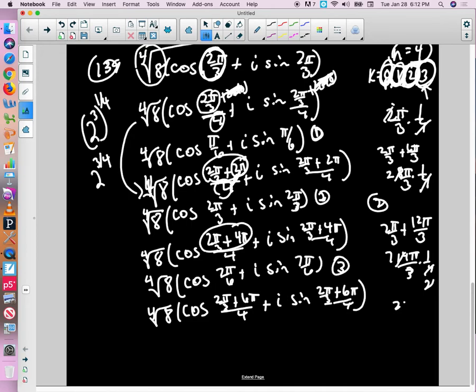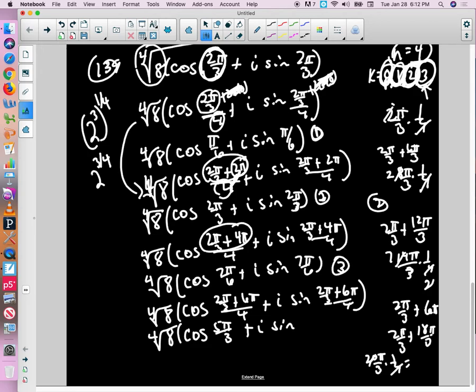Alright, so if I have 2 pi over 3 plus 6 pi, that's 2 pi over 3 plus 18 pi over 3, which gives me 20 pi over 3, and then multiply it by 1/4, gives me 5 pi over 3. Fourth root of 8 times the cosine of 5 pi over 3 plus i sine of 5 pi over 3. So that's the fourth one.